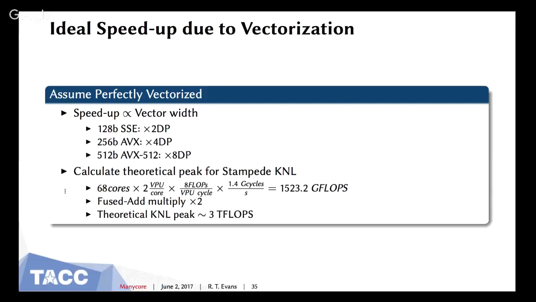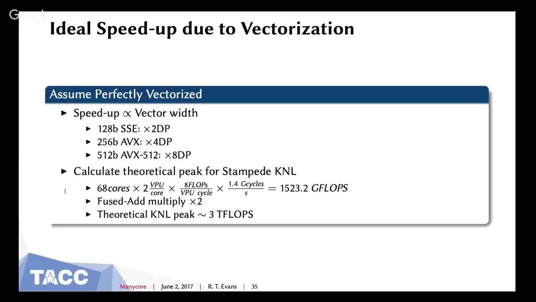Okay, and so this is sort of what I was mentioning earlier. Let's say you have perfect vectorization. Everything is working great for you. You fill the vector units on every clock. And this is theoretically what this KNL could give you. One chip could give you 3 teraflops. Now, in reality, do we see that?